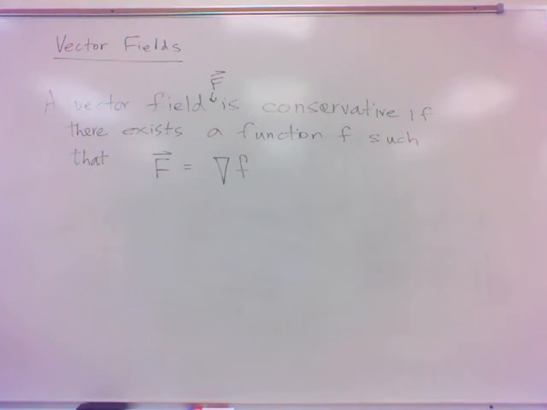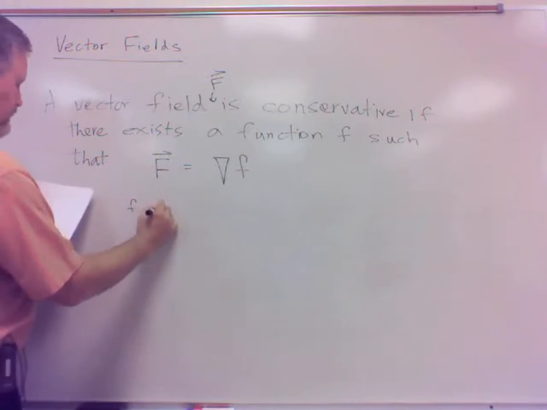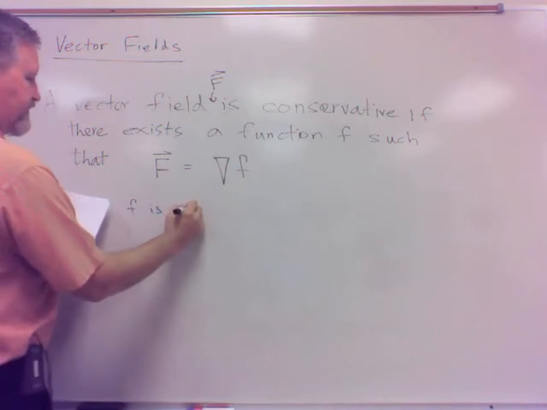So a vector field is conservative if there exists a function f such that F is the gradient of this function little f, okay? And if that's true, little f is called the potential function for big F.